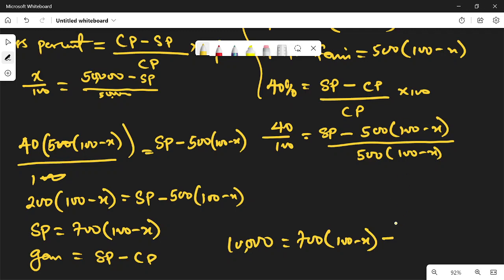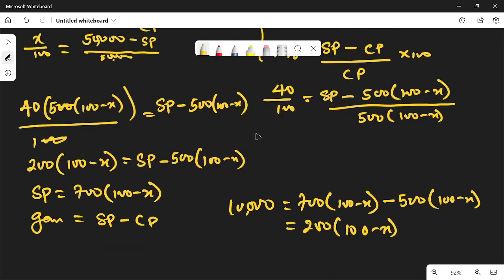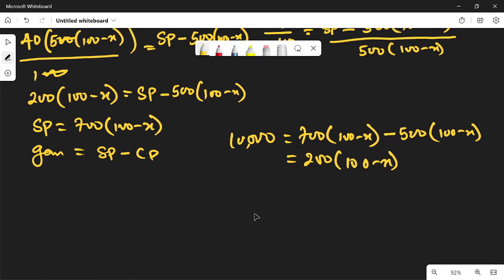The cost price for Femi is 500 into 100 minus X. So if this should be the case, you have 200 into 100 minus X. Are you following? Yes, sir.